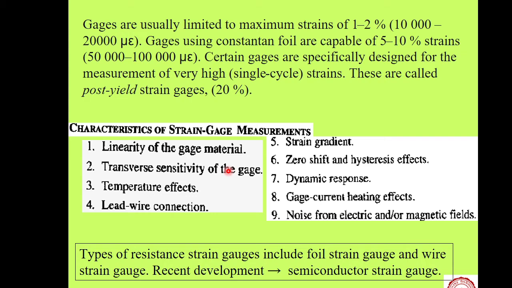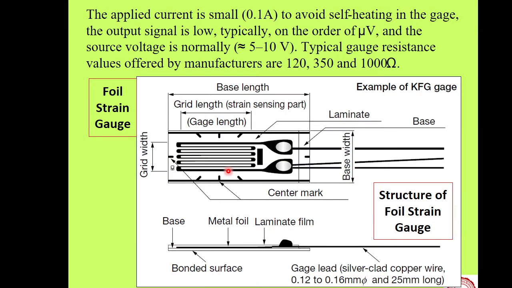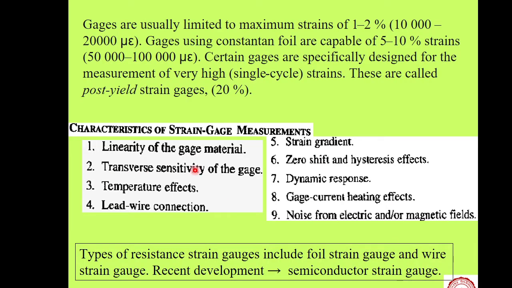Because even if our stress field is uniaxial, that also produces some strain in the transverse direction. So, that effect has to be taken care of. There is a transverse sensitivity of the gauge, it is always there. So, this is also a part of our strain gauge specification.